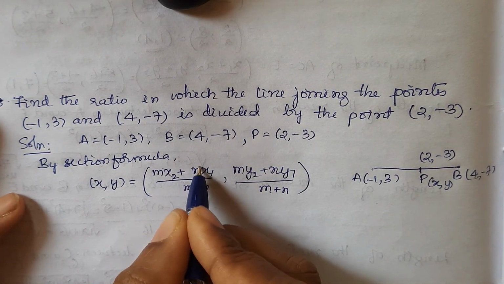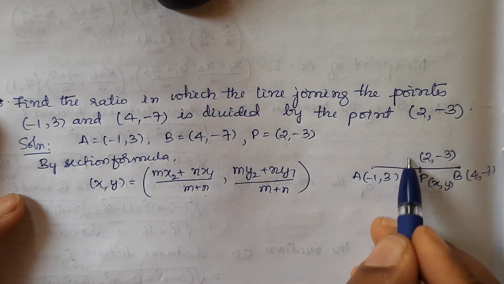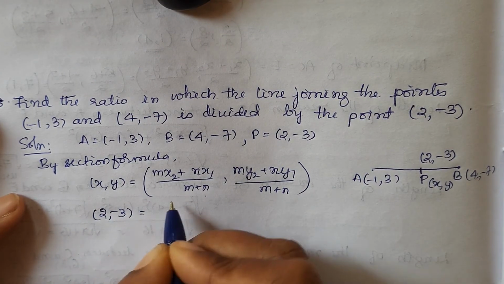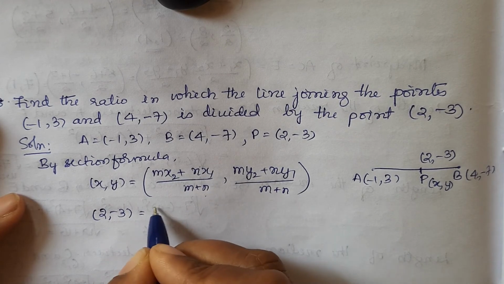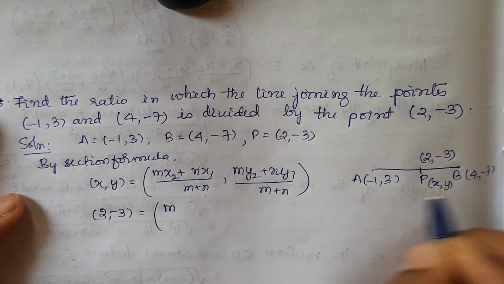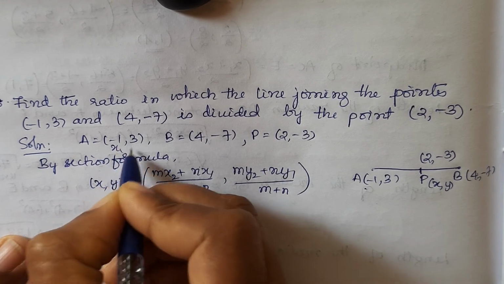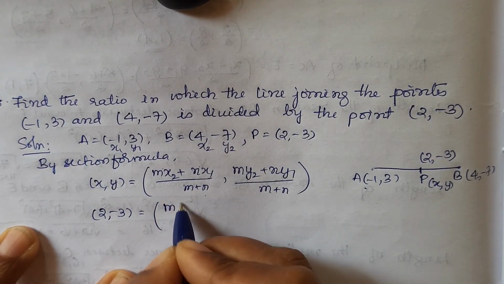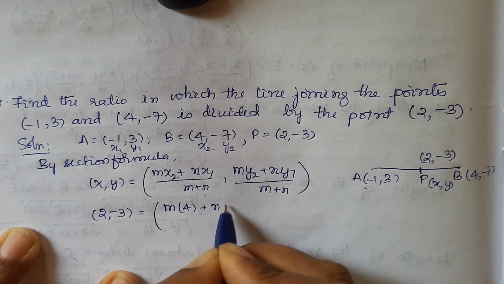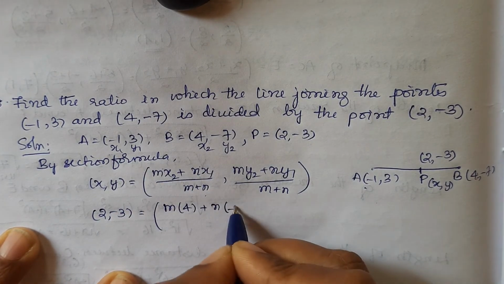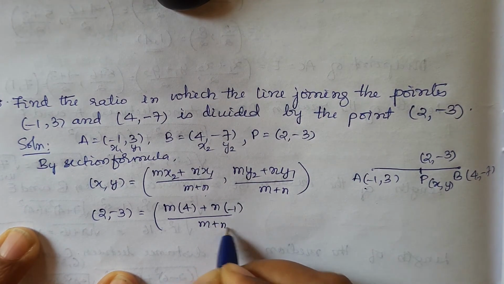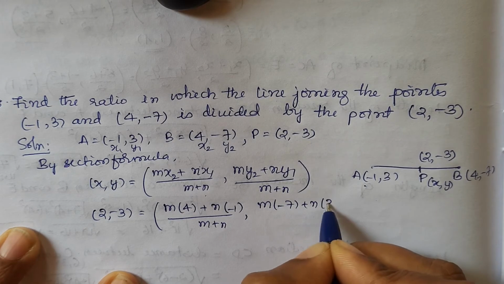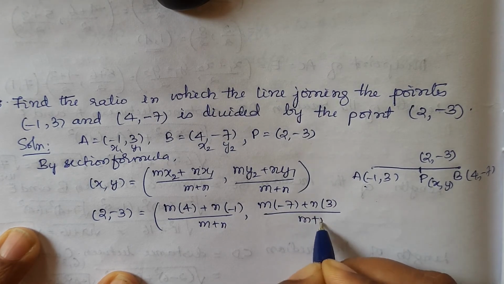I don't know what m and n are, but the point which divides is already given to us, that is (2, -3). I need to find m and n. This is (x1, y1) and this is (x2, y2). So (m into 4 plus n into -1)/(m + n), and (m into -7 plus n into 3)/(m + n).